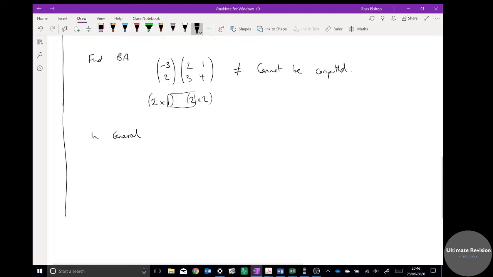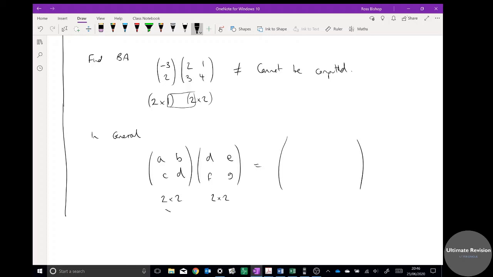Okay. In general, if we had a matrix [A, B; C, D] and multiply it by [E, F; G, H], we're going to be left with, and you might want to pause the video and think about what you get, a 2 by 2, because you've got a 2 by 2 multiplied by a 2 by 2.